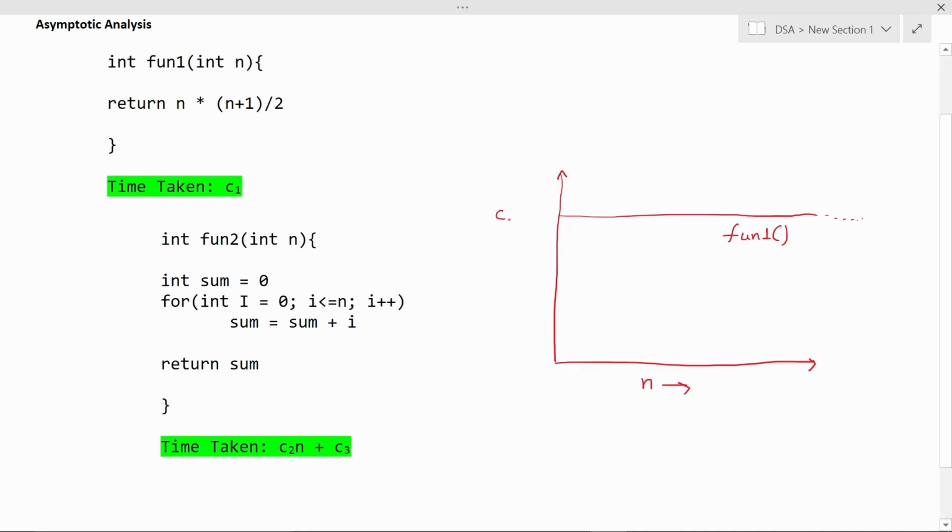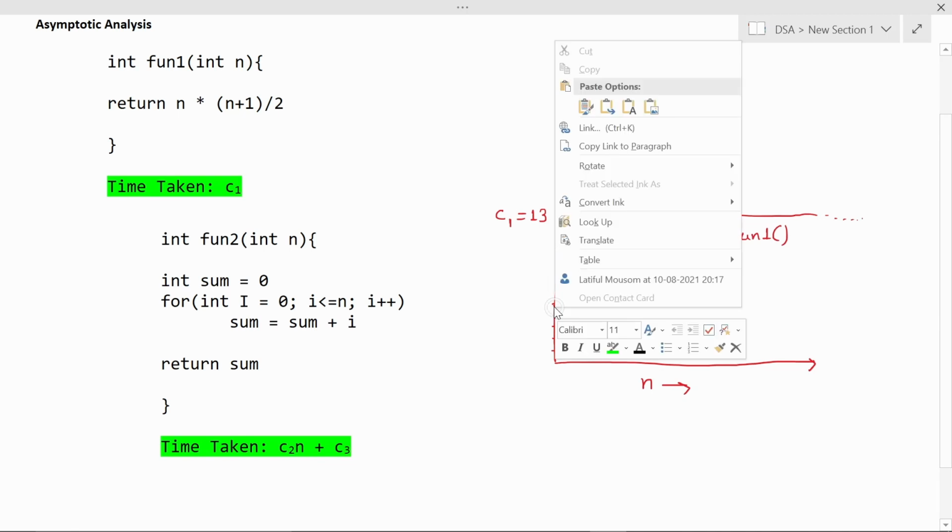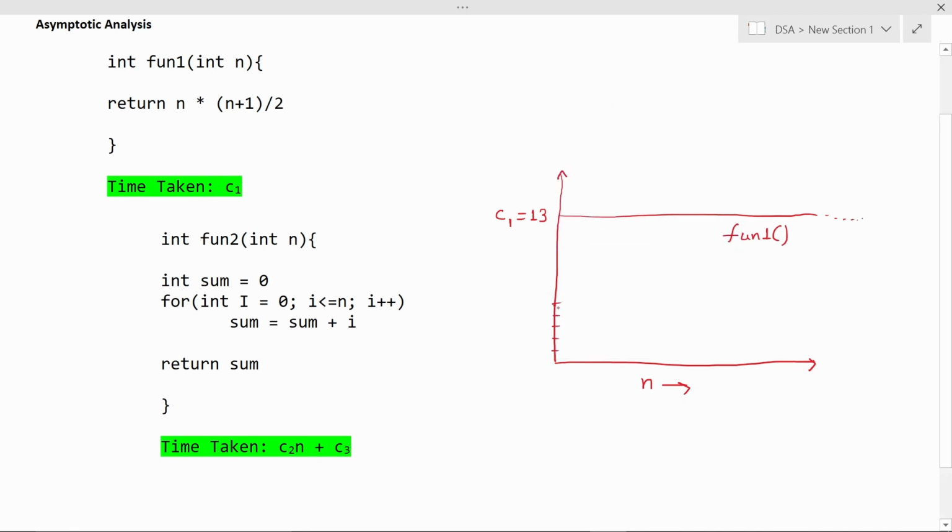C1 equals 13. It takes 13 units of time to execute. For the second function, which your friend wrote, the time depends upon n, so it will be like this. It is increasing, it's linear, and it will be function 2.